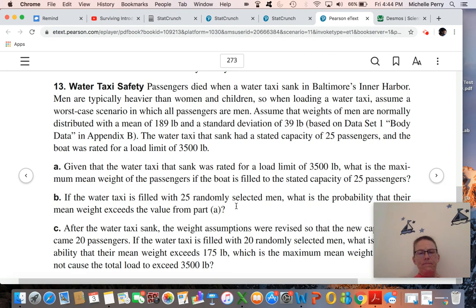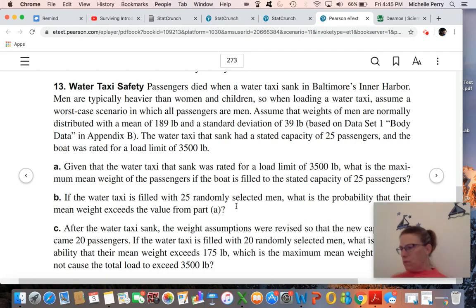Part A. Given that the water taxi that sank was rated for a load limit of 3,500 pounds, what's the maximum mean weight of passengers if the capacity of our boat is stated at 25 passengers?